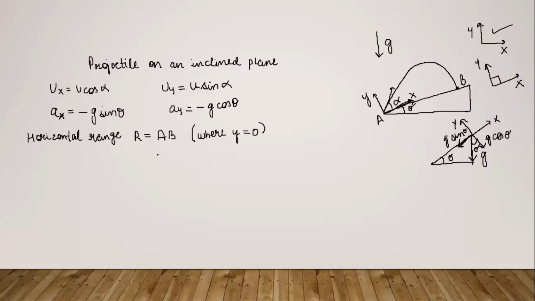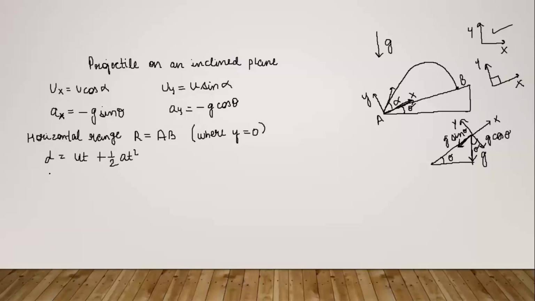So now we are going to derive this. We'll again start with the most basic equations that we had derived earlier. Suppose D is the displacement, ut plus half at square.